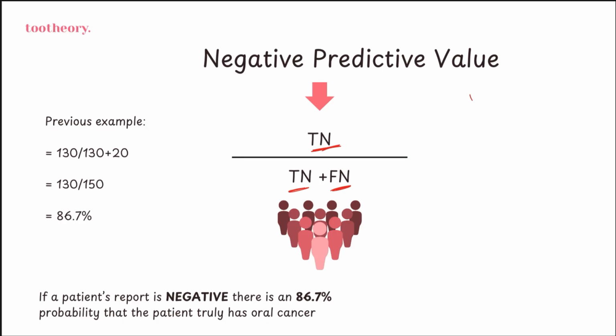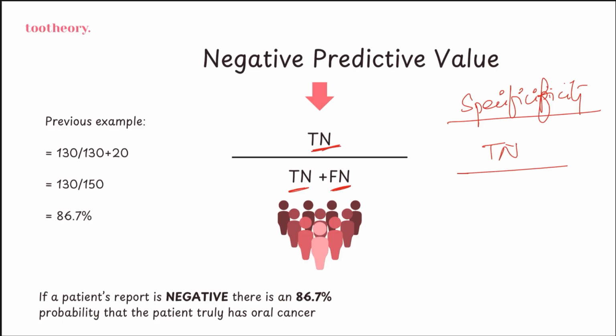If you compare this with the formula of specificity, the formula for specificity is true negative divided by true negative plus false positive, and this is where the difference comes. You can compare it right here, and then we can try to solve the previous example that we saw on the previous slide.